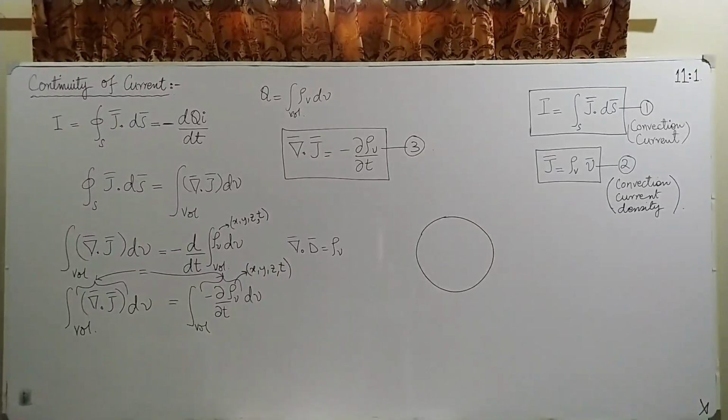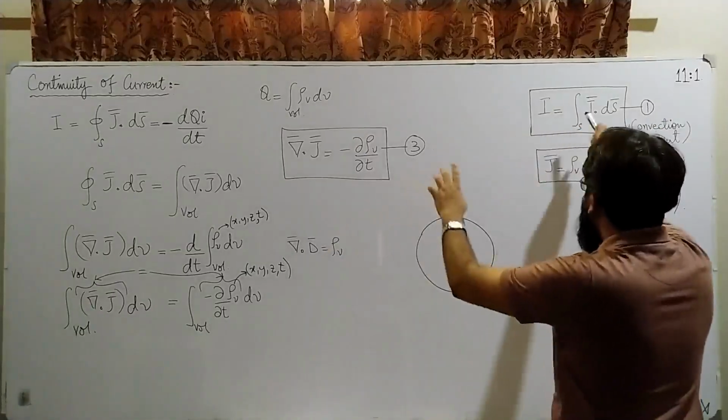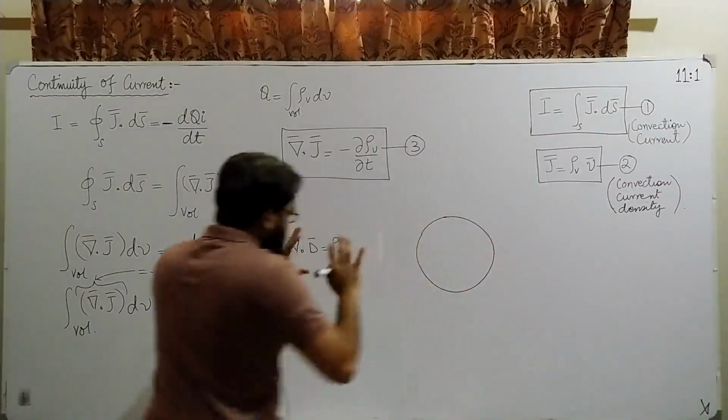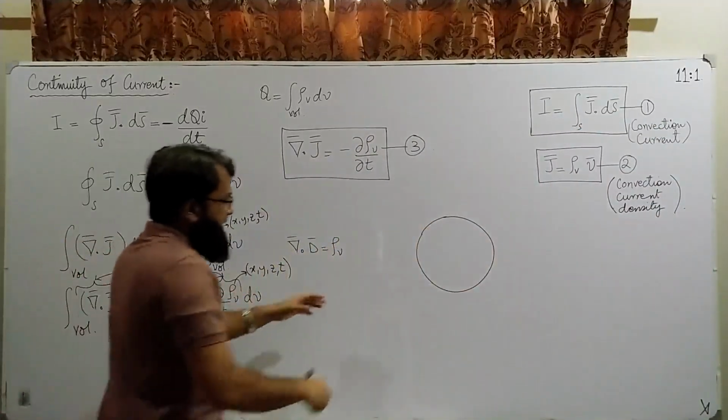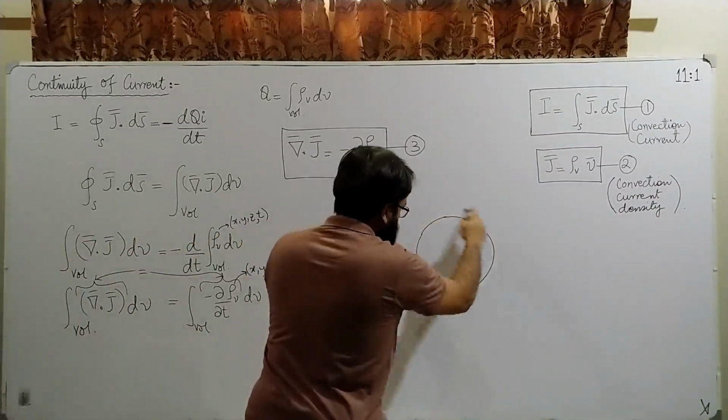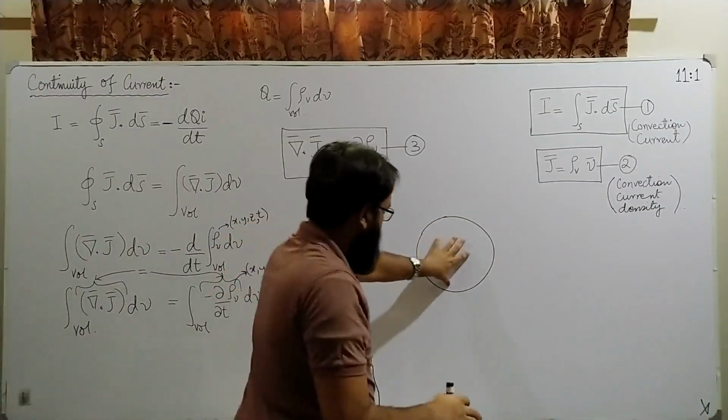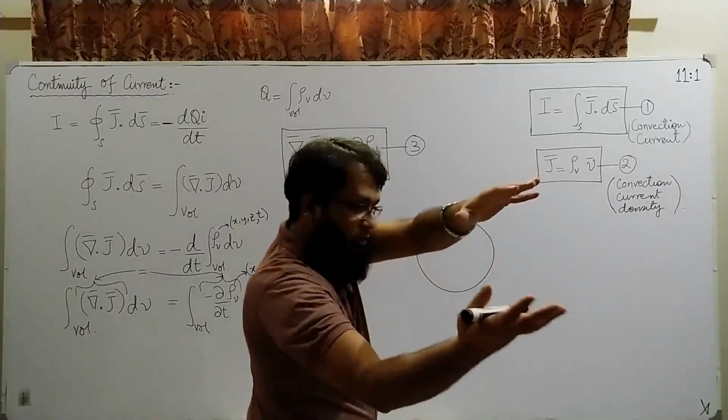All right, so before leaving, finally I would like to summarize what we have discussed so far, or rather give you the take-home message. Consider this to be a perfect conductor which is going into the board.